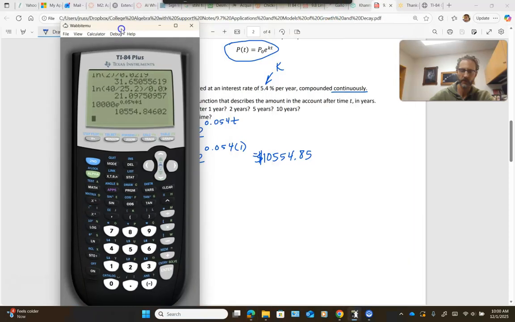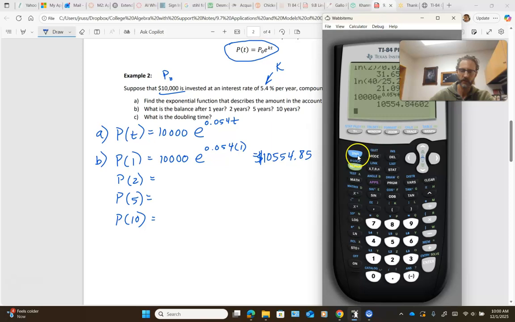If you remember that trick that I showed you, you can say second and then hit the enter key for entry. Reproduce this, and you can come back and just replace your input value. So instead of 1, I'll use a 2 and hit enter. And now after 2 years, it's $11,140.48.